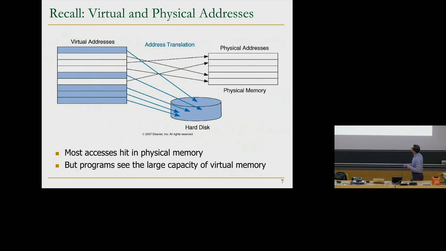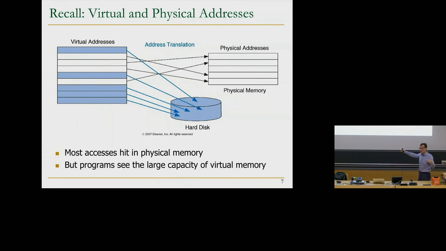This is another picture which doesn't show the page table, but it shows where the virtual pages map, either to the hard disk or the physical memory, and this is from your book, chapter 8.4. The hope is that most accesses hit in physical memory, and you go to hard disk only very infrequently. If most accesses hit in physical memory, that's great, right?